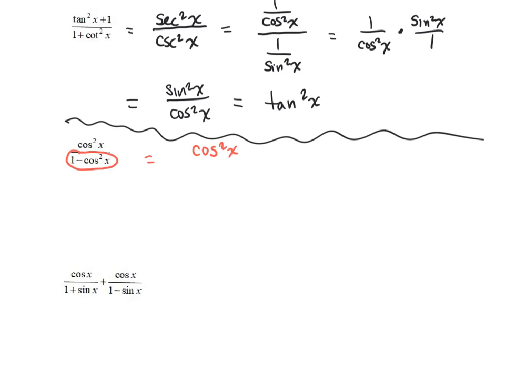So I can rewrite this as cosine squared over sine squared. We always like to take things that are binomials, 1 or 2 things added together or subtracted, and make it one thing. That makes our life a lot easier. Cosine over sine is cotangent. They both have a square on it, so we'll say it's cotangent squared.